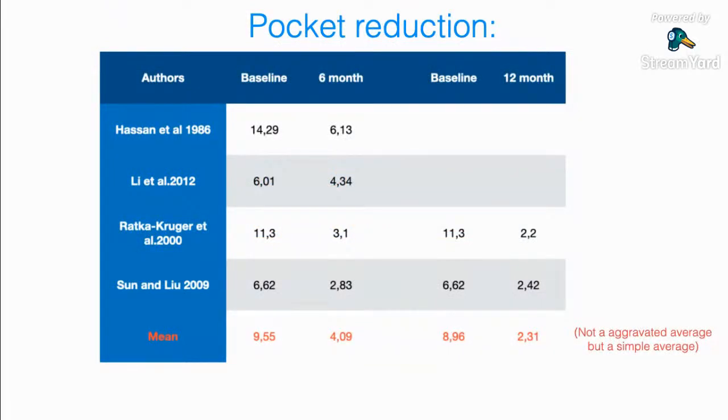The result is like this: from baseline to 6 months to 11 months, the mean pocket depth decrease was 4.09 millimeters and 2.31 millimeters. Sorry, this is not an aggregated average, but a very simple average.